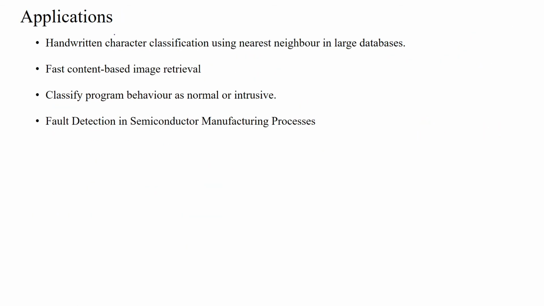KNN can be used for handwritten digit classification and fast content based image retrieval. We can use it for identifying the behavior of data points as normal or abnormal, and for fault detection in the semiconductor manufacturing process, which is very useful in linear integrated circuit designing.